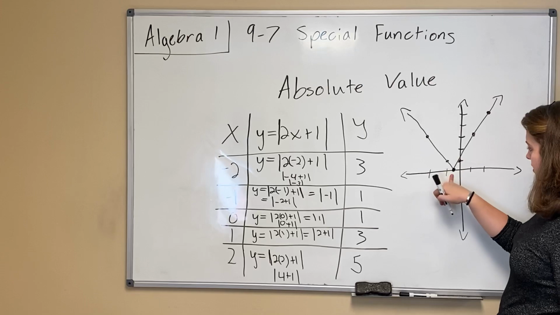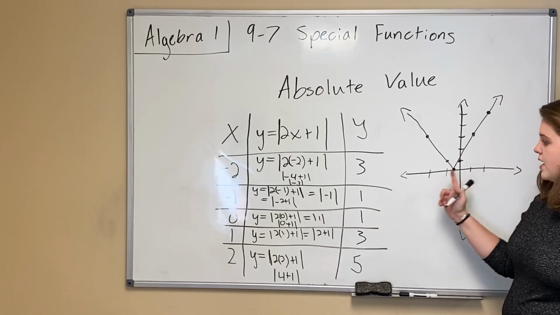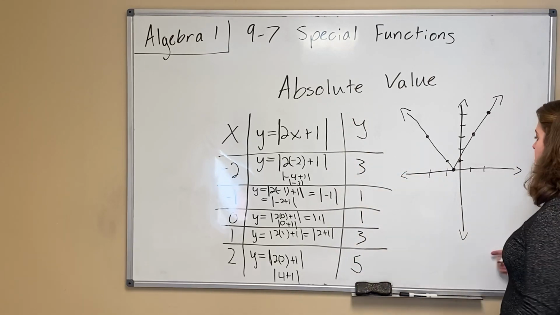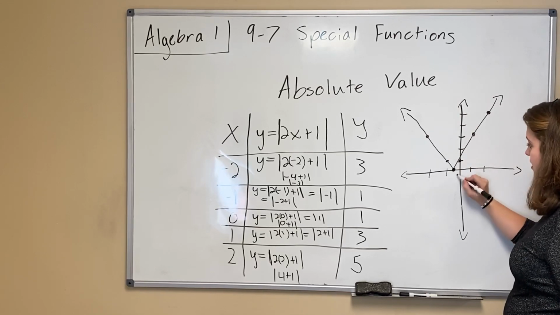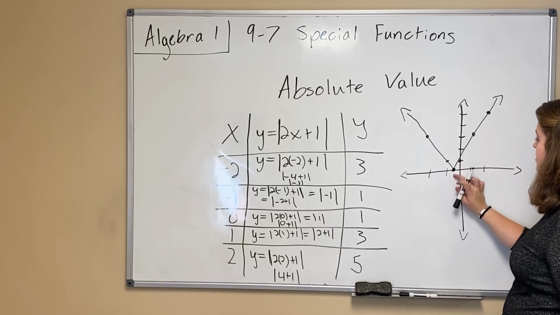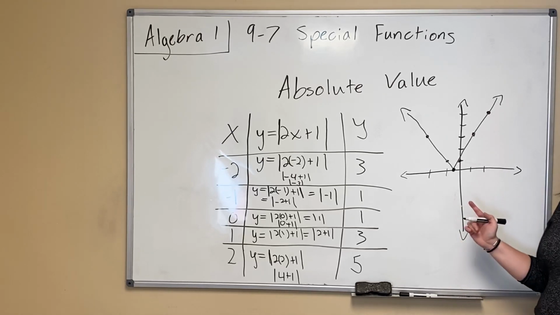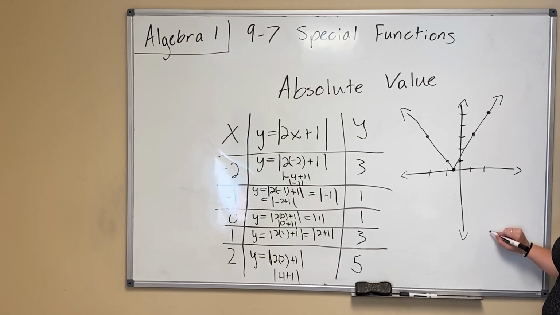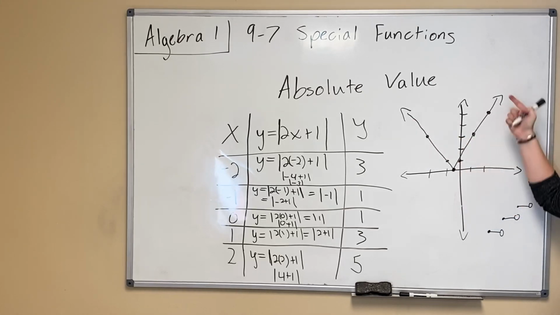Now we didn't find the vertex here because it looks like it was at -1/2 and we used whole numbers. But that's okay, because you should know that it just extends downward into a V and does not cross the x-axis. This is how you can tell you're doing your math right. When you do a step function, it's always going to look like a set of stairs going up. With the absolute value function, it should always be a V.